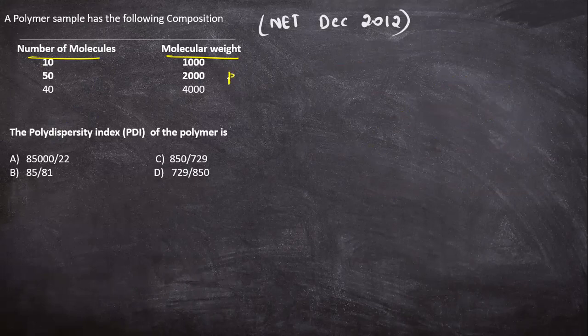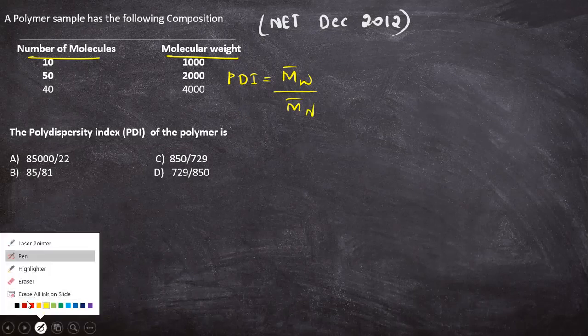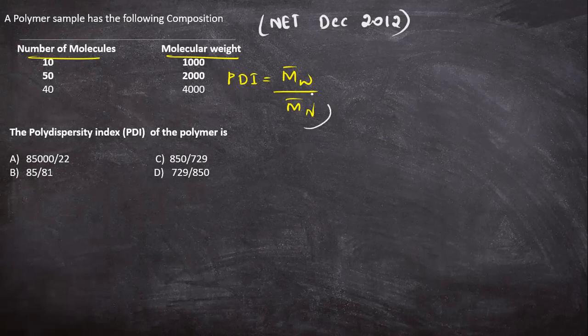We already know PDI is weight average molecular mass divided by number average molecular mass. So first we need to calculate Mn, then Mw, then Mw by Mn.